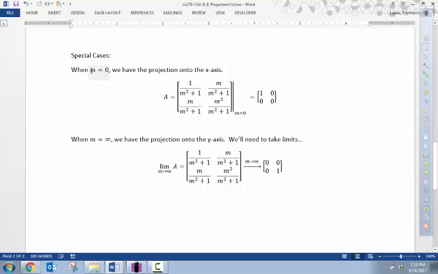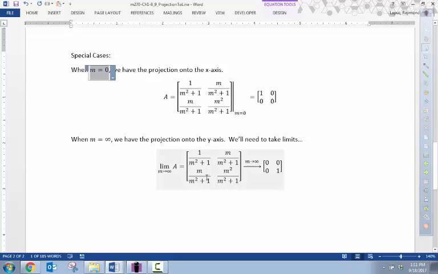So the line y equals 0 times x, or y equals 0, is the x-axis. If you let m equal 0 in our scenario, we get 1 divided by 1, 0 divided by 1, and everything else is 0 as well. So a projection onto the x-axis is (1, 0, 0, 0).